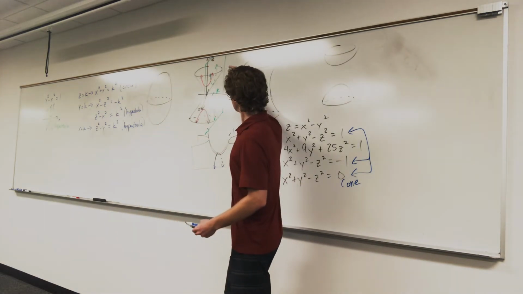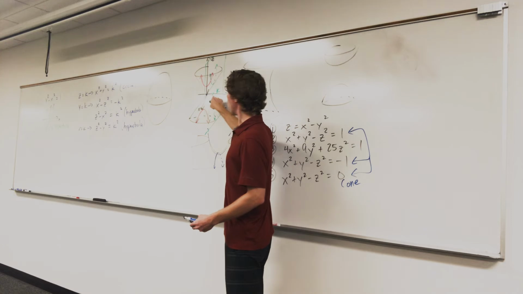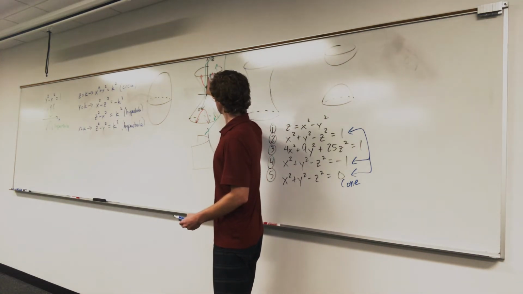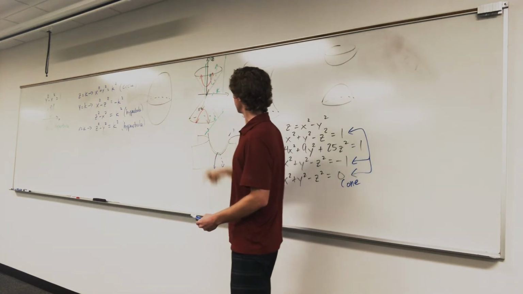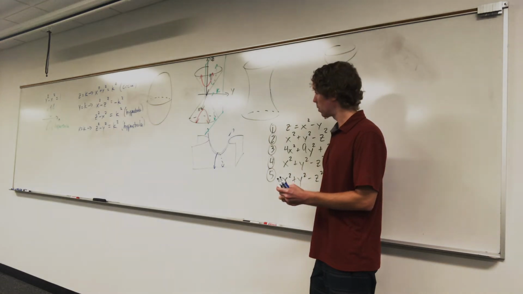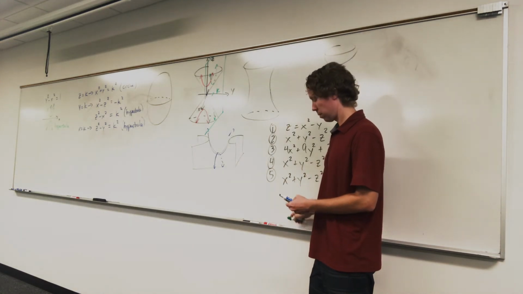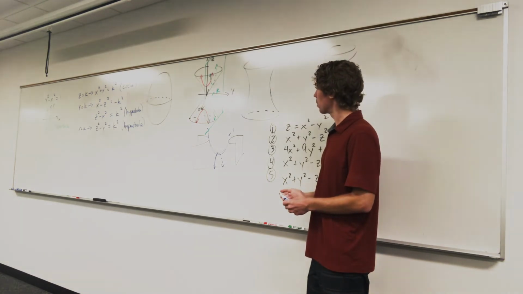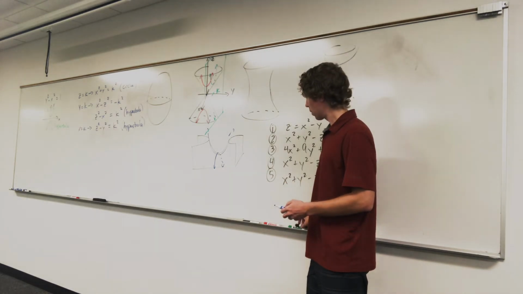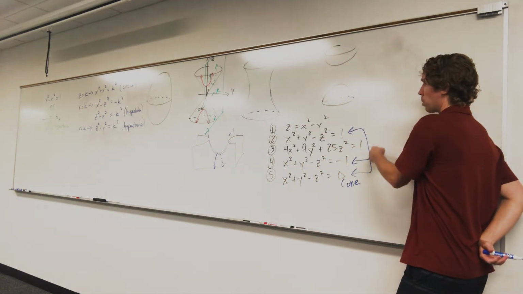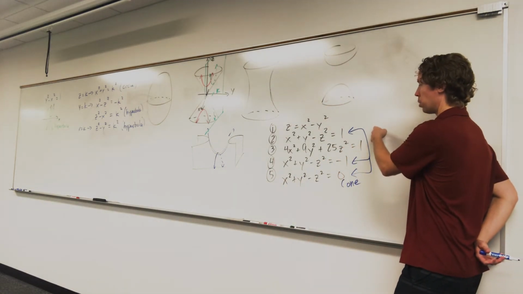And I'm imagining this plane hits the y-axis here, and it hits this 3D object right there and right there. So what can we say about these two then? Number 2 and number 4.